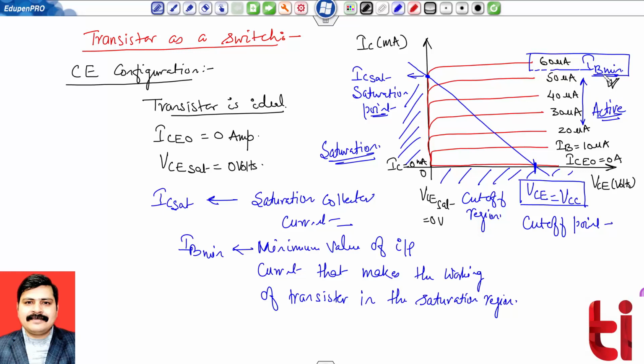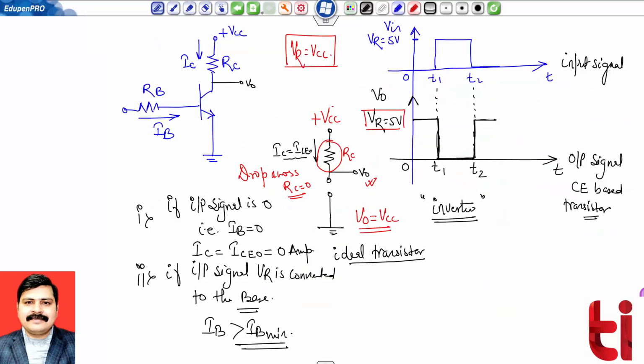So if IB is greater than or equal to IB min, I will have a saturation collector current IC sat. This condition ensures the transistor is working in saturation region.